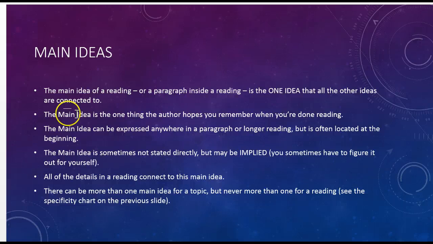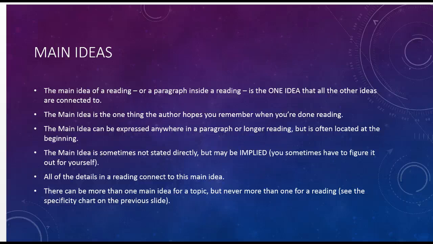Okay. A main idea is the main thing that the author really wants you to know when you're done, with no doubt in your mind that that was their point. Okay? The main idea of a reading or a paragraph inside a reading is that there's one main idea and all the other ideas are connected to it. So for any given paragraph or any given chapter in a book, there's just the one main idea.